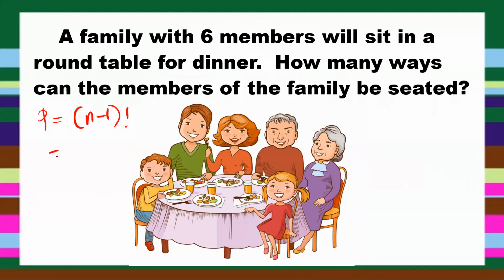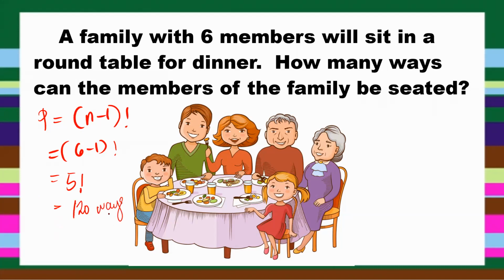So ilan sila? 6 members. So that's 6 minus 1 factorial. 6 minus 1 is 5. So that's 5 factorial. 5 factorial is equal to 120 po.